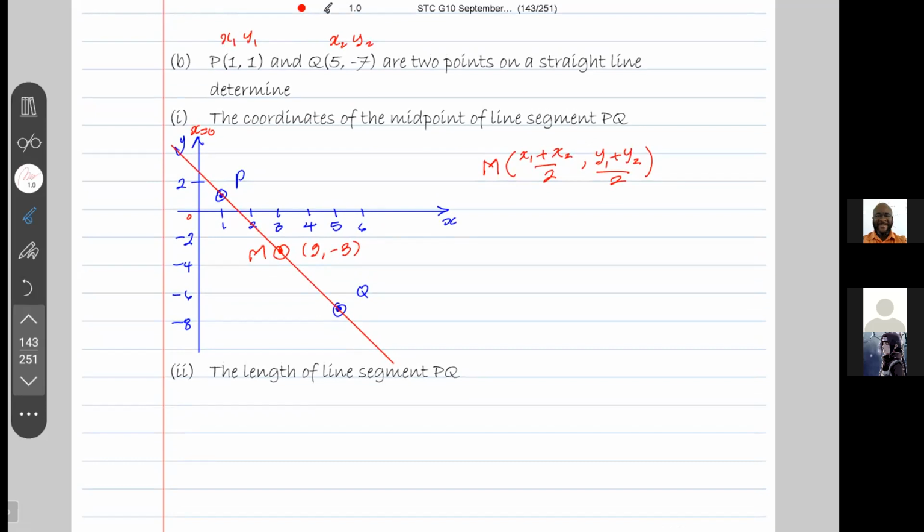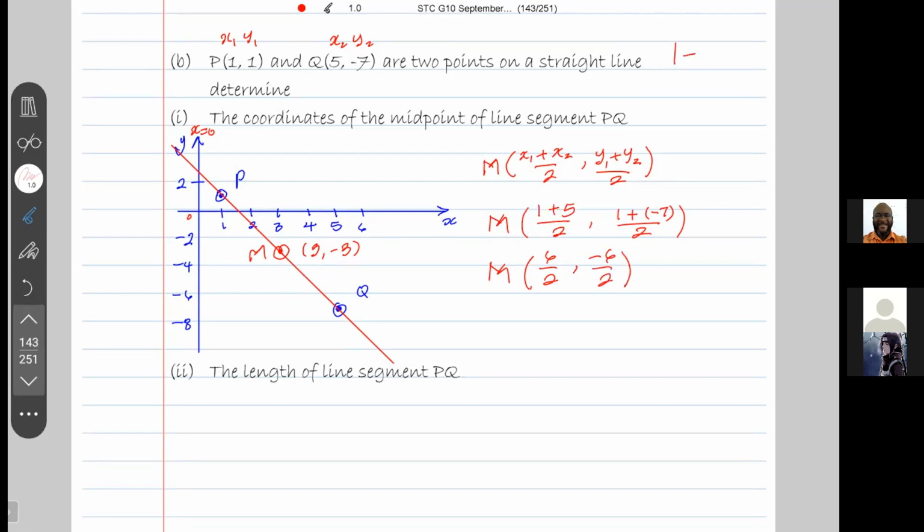So M, the midpoint, would be x1, which is 1, plus x2, which is 5, over 2, comma, y1, which is 1, plus y2, which is minus 7, over 2. M is 6 over 2, comma. What is 1 plus minus 7? Anybody? Minus 6. Very good. This is minus 6 over 2.